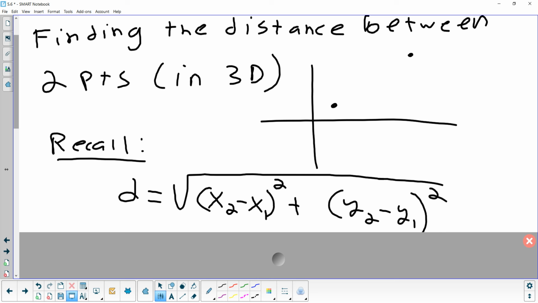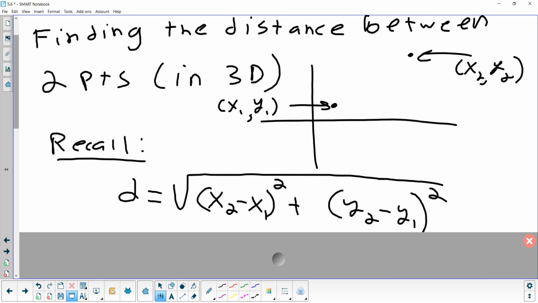You've got 2 points, and let's say this point is x1, y1, and this point is x2, y2, and you want to find the distance between the 2 points.